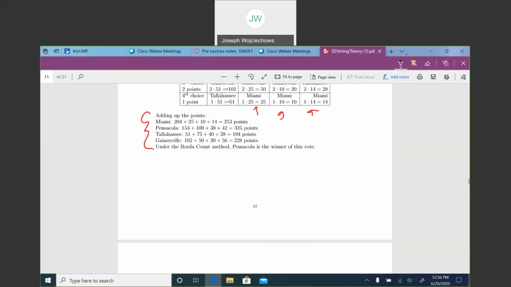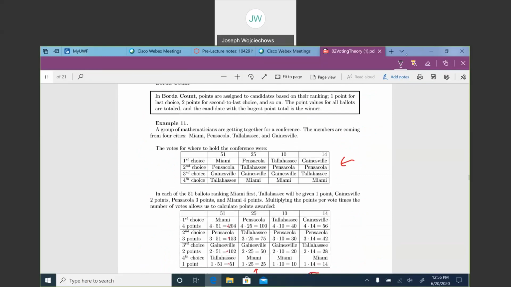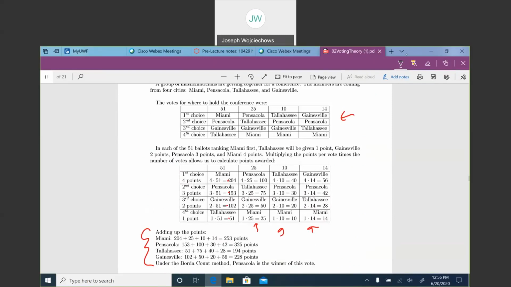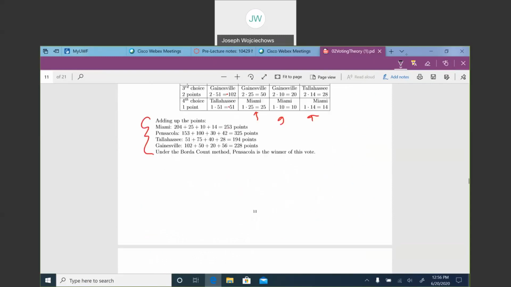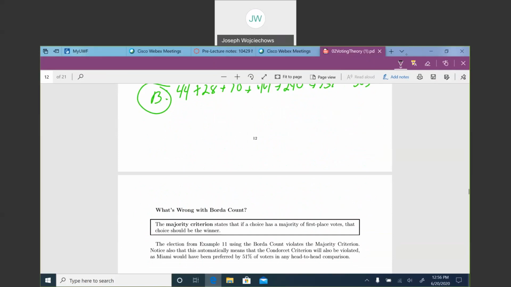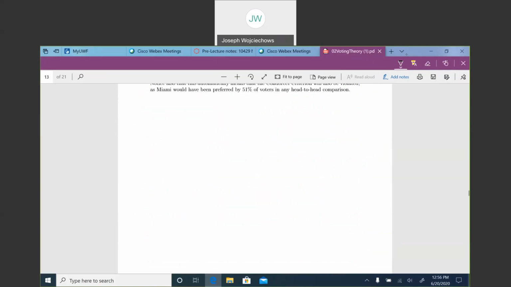That's going up here. So there's 100 votes. Miami has 51. It should be the winner by plurality. And we said by Condorcet, it was Pensacola. So we have to worry. This can violate the majority criterion.